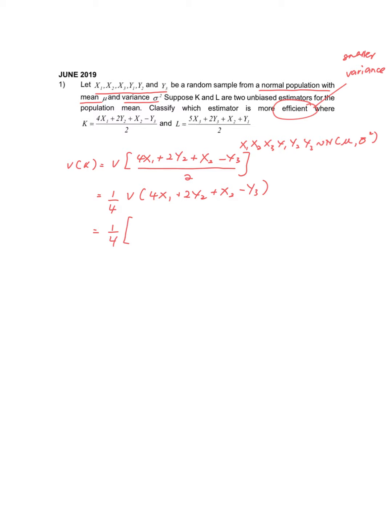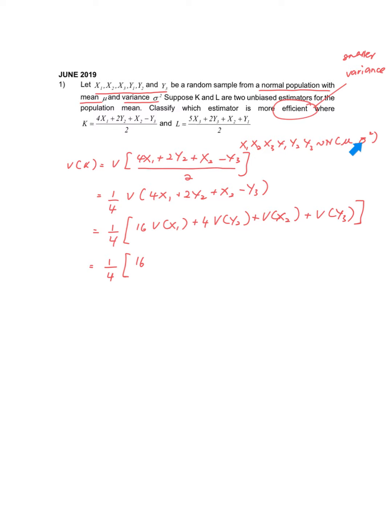1/4. Kat sini dia akan jadi 4 kali 4 16 V x1 plus 2 kuasa 2 4 V y2 plus V x2. Okay, tolak dia akan jadi tambah V y3. Okay, so dia akan jadi 1/4 dalam kurungan 16 darab dengan, okay, tadi kita dah tahu dah x1, x2, x3, y1, y2, y3 comes from a normal population with mu and sigma square.